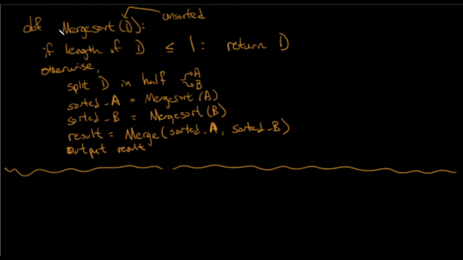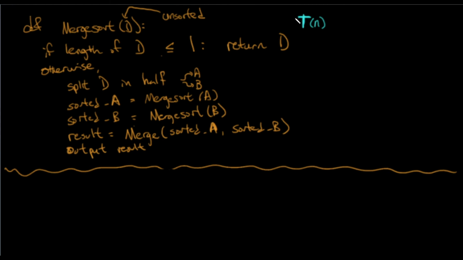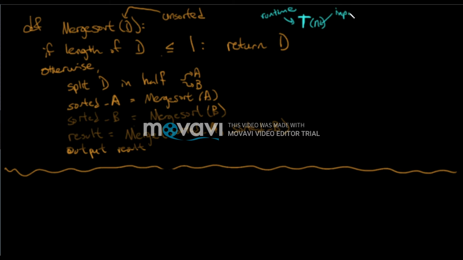For this whole Mergesort method, we're going to denote the runtime to be capital T of n. What capital T of n means is that the big T stands for runtime, and the n stands for an input of size n.